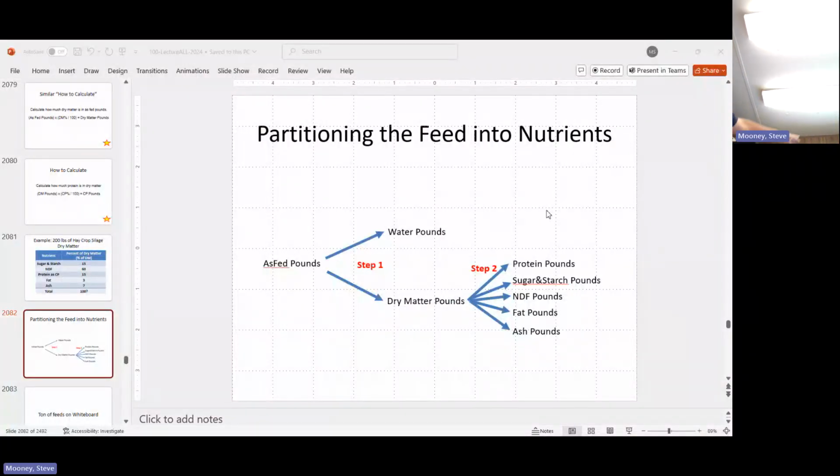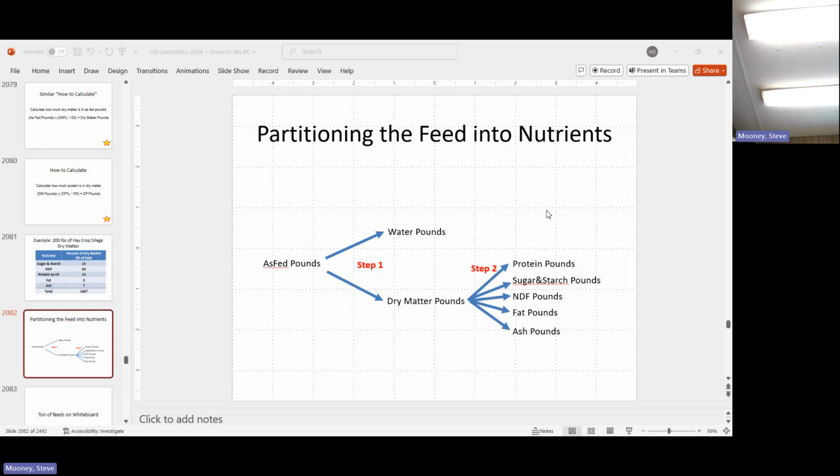So if we're looking at our feed, we want to partition an as-fed pile of feed into its component nutrients. It's a two-step process. First, we separate the as-fed into water and dry matter. Then we take the dry matter and divide that up into the nutrient fractions.